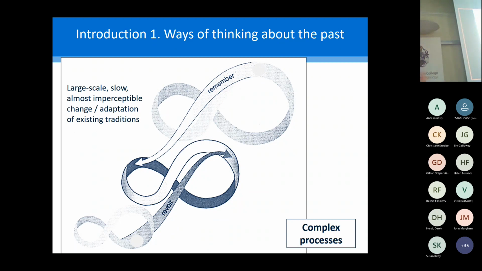Somebody that causes a ripple in society. And then in the middle, that is change that occurs over the period of a person's lifetime. So it's long-term change, medium-term change, and short-term change. And you can see them here.